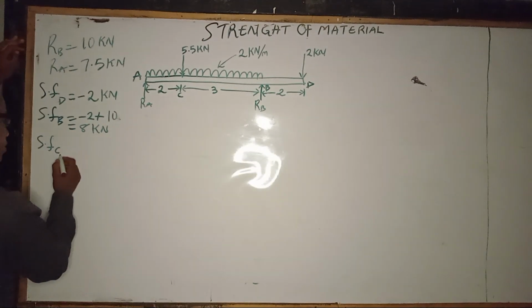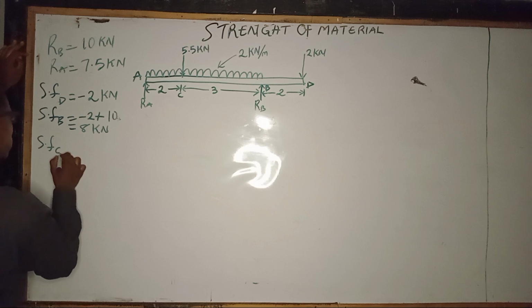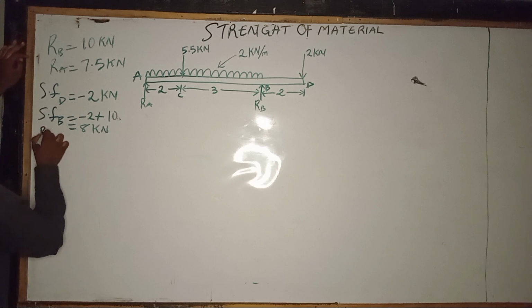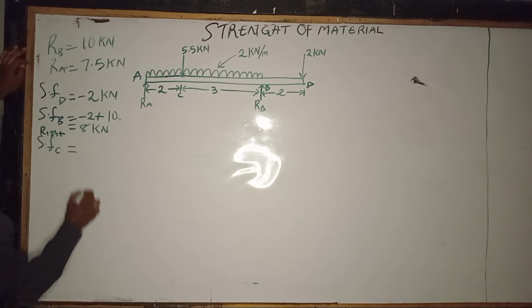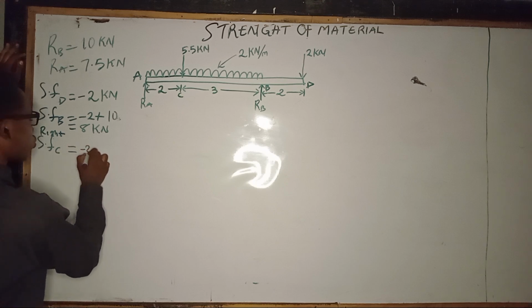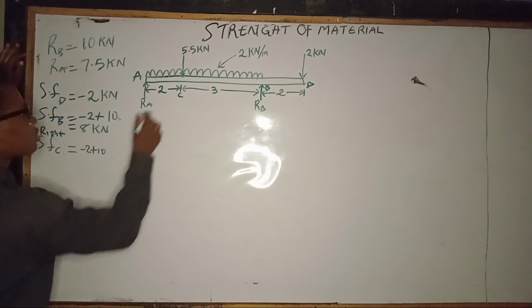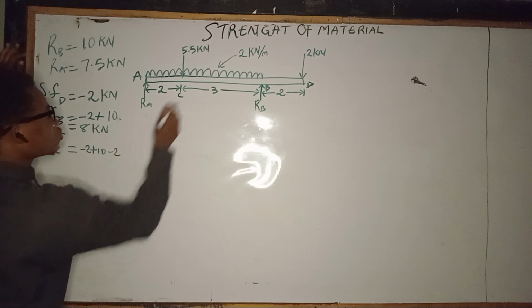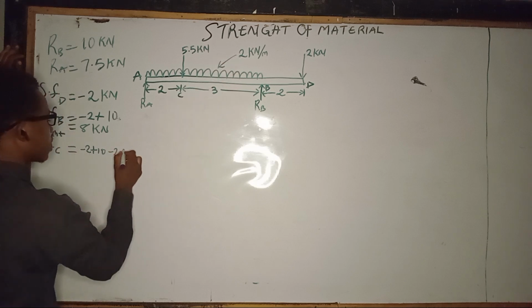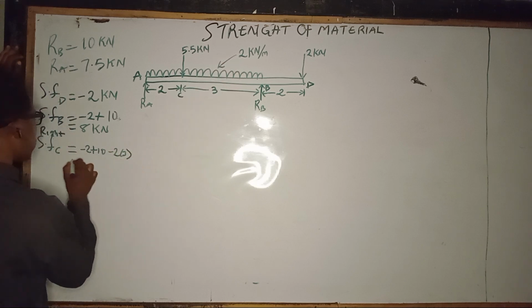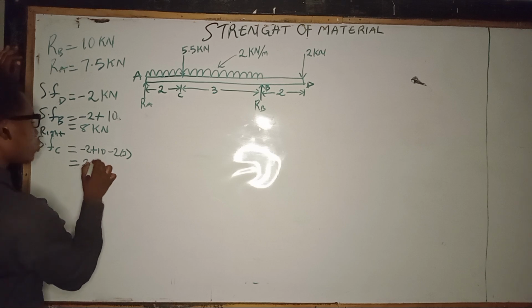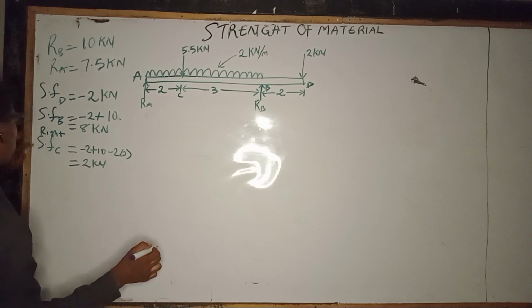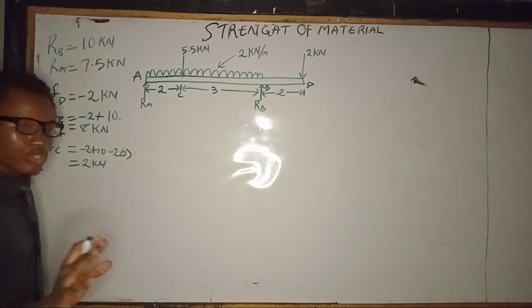Now the shearing force at C from the right is equal to minus 2 plus 10, then minus 2, which is this one, times 3, which will eventually give us 2 kilonewton. So the shearing force from the right is 2 kilonewton.